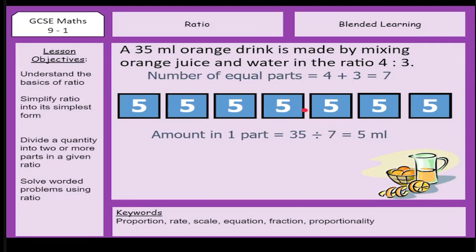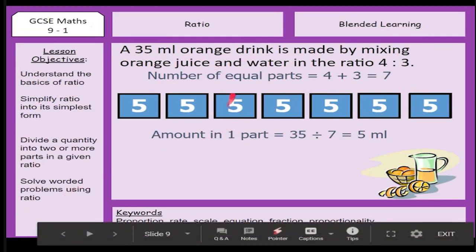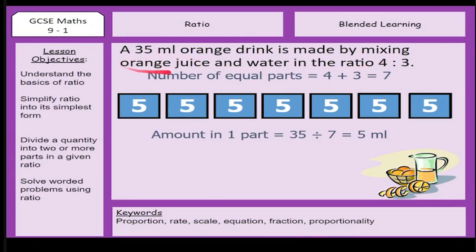We can check that by adding all these together. So 5, 10, 15, 20, 25, 30, 35. Yes, that's correct. The 35 milliliter orange drink. Now, I know that 4 of these parts is orange juice.